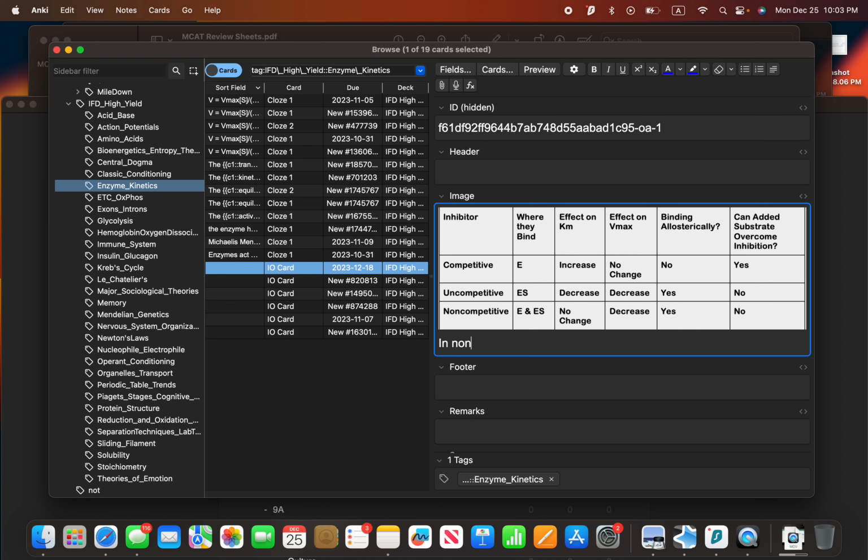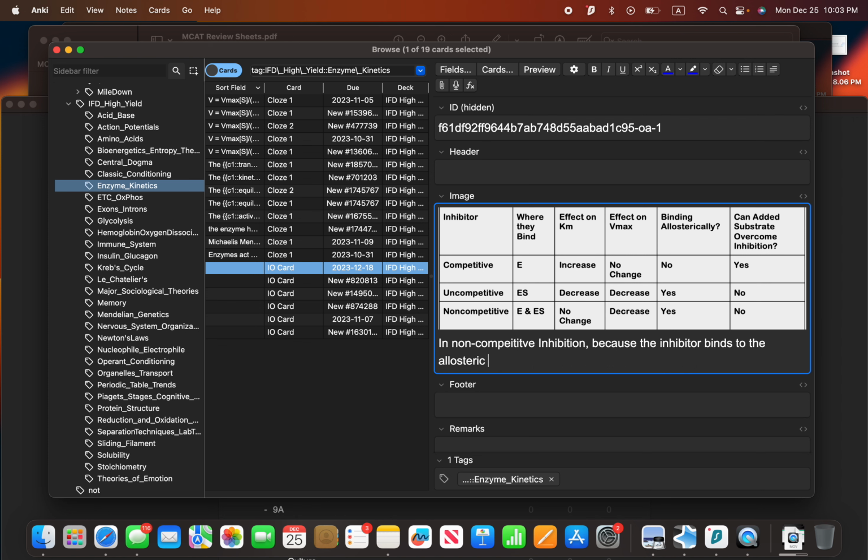In non-competitive, because the inhibitor binds to the allosteric site, the key here is that because uncompetitive only attaches to the enzyme substrate complex, both the Km and the Vmax would be reduced.